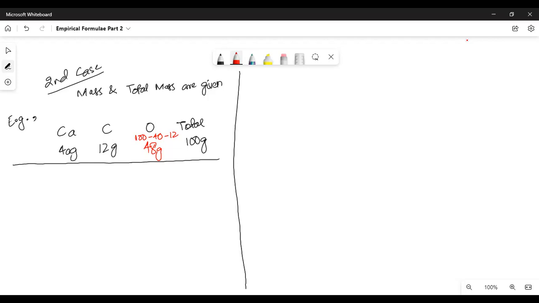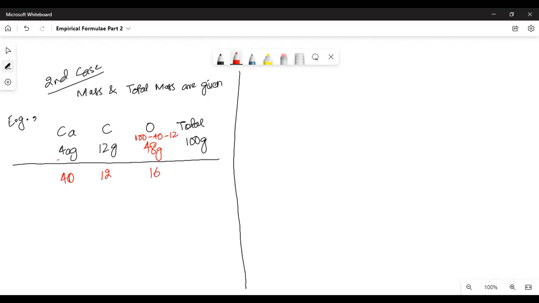Now, if you have a copy of the periodic table, what's the mass for calcium in the periodic table? What's the bigger number you can see with calcium? So 40. And for carbon, 12. For oxygen? 16.